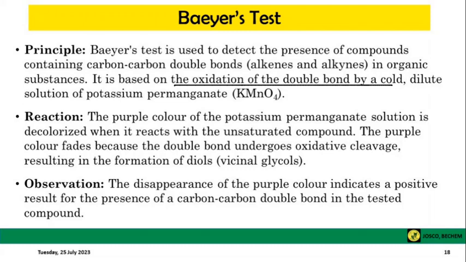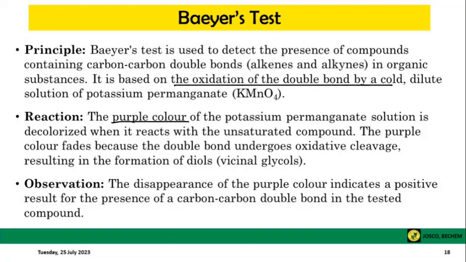This is done by a dilute solution of potassium permanganate being added to the sample. In terms of the reaction, we already know the appearance in terms of color of potassium permanganate being a purple color.